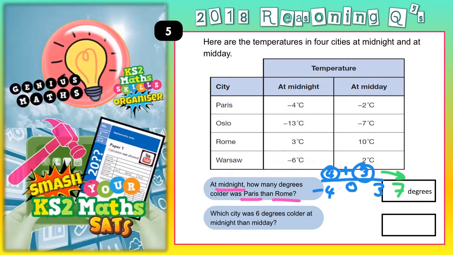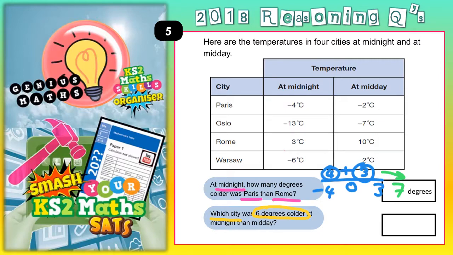For the second part of the question, it says, which city was 6 degrees colder at midnight than midday? So we basically need to find the differences between the temperatures in all the cities. Paris goes from -4 to -2. That doesn't cross over 0, so both of those numbers are on the same side.